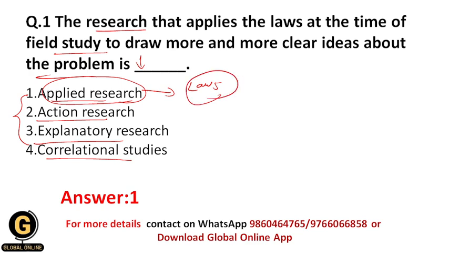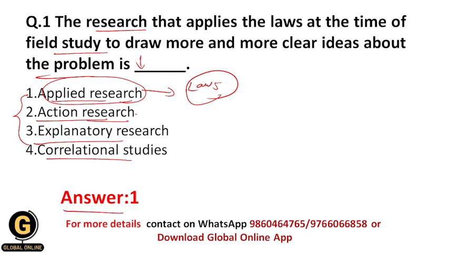By applying the laws or principles, it is easier for us to solve the problems and to get the conclusions of our results very easily and efficiently. That's why here the correct answer is 1.